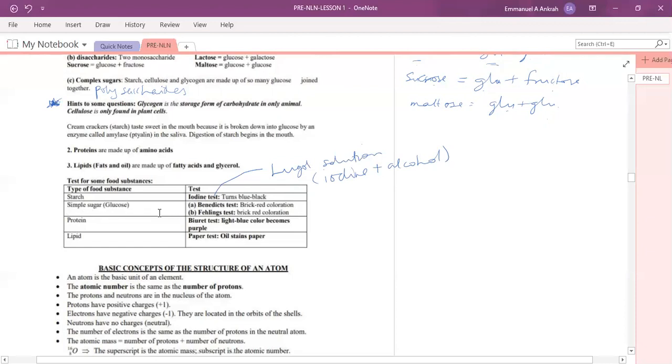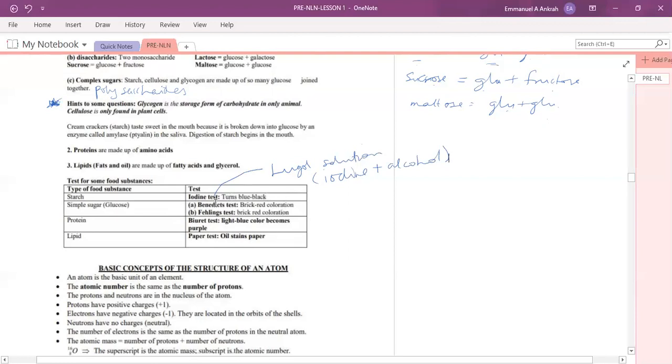Then simple sugar. To test for that, we can use what we call the Benedict test, or you can use the Valence test. You can work with the Benedict or the Valence reagents to test for simple sugars.